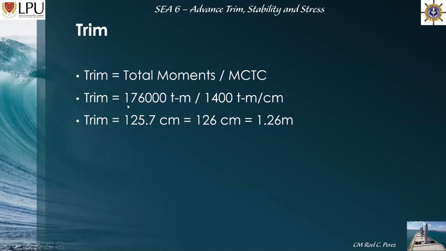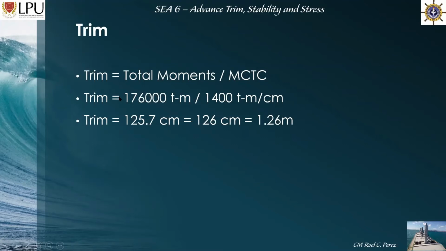Because we use negative moments for forward, when we divide this one, we will get the result in positive. So it means this is trimmed by the stern. So positive is trimmed by the stern for my technique. If for example you loaded more on the forward part and there are more moments forward, then your negative moments will be more.